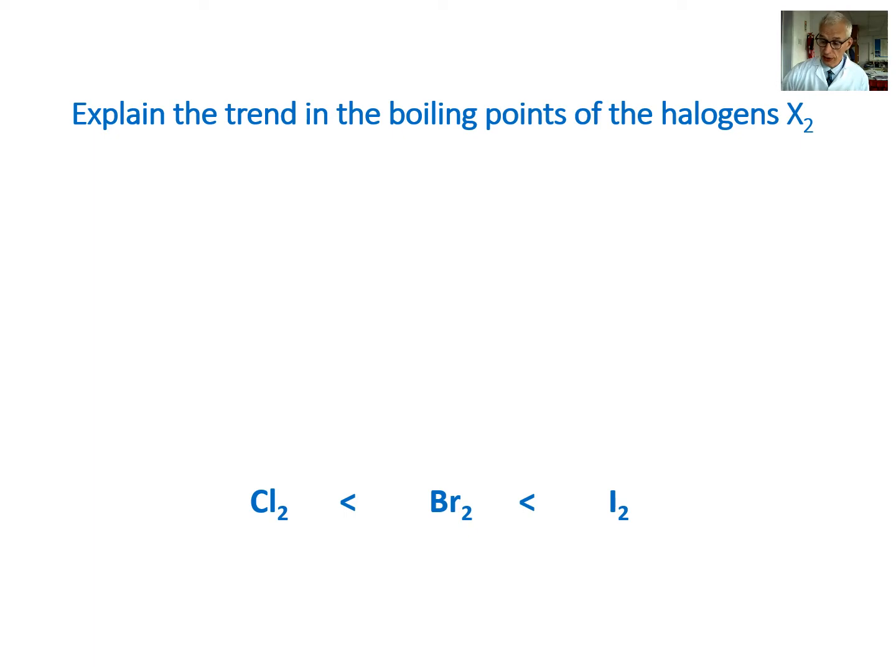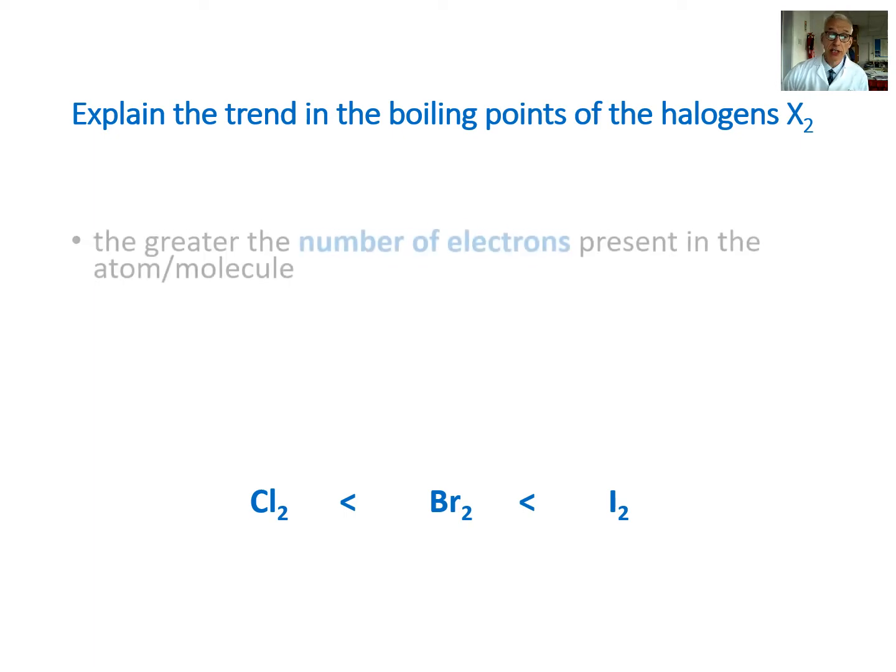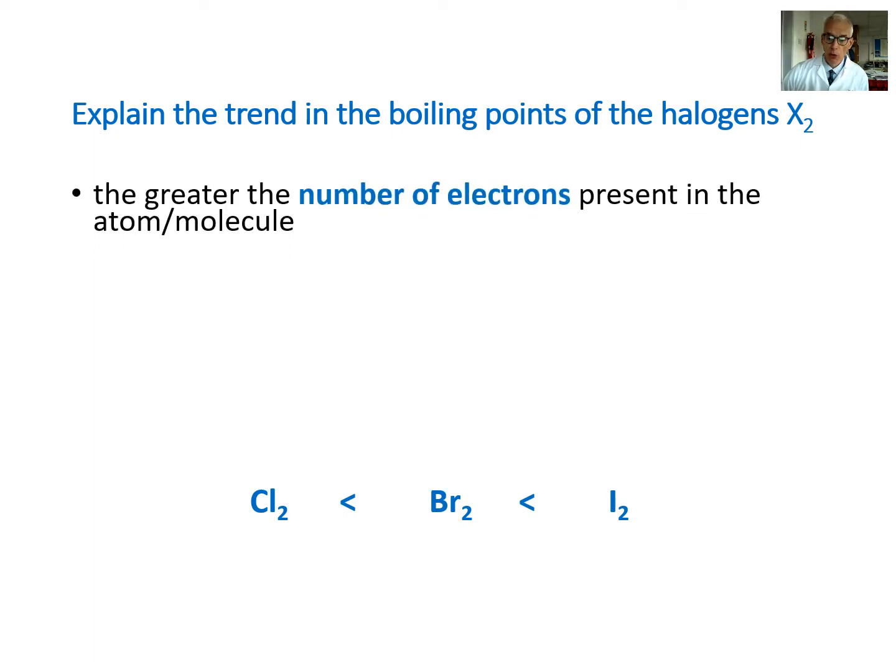Okay, so continuing, what we need to realize is that the more electrons that are present in a molecule or an atom, then the greater the chance of random fluctuation, that initial fluctuation of electrons, which then induces the fluctuation in electron density in the neighbour. So the number of electrons present in iodine is much greater than in a bromine molecule, than in a chlorine molecule.